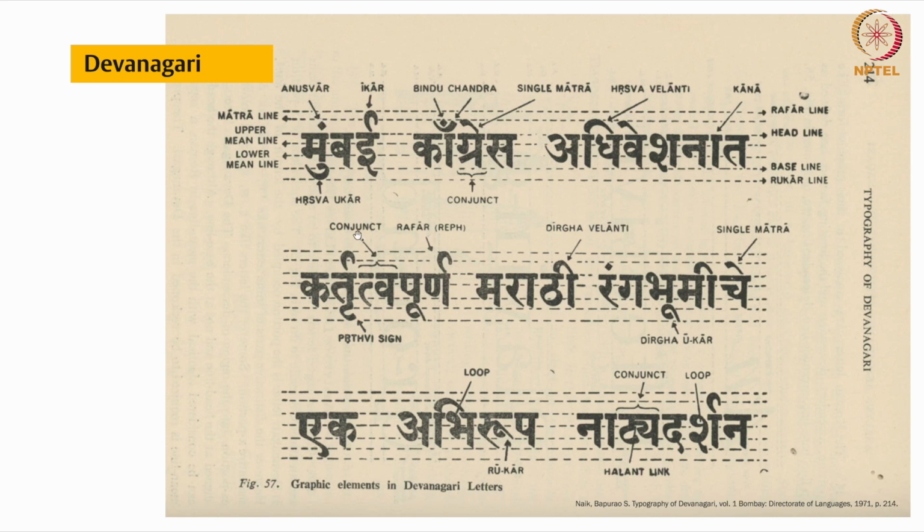You have conjuncts, where two letters connect, which is not there in Latin. And then you have rafar, and you have badi and choti dirghai. Then you have loops, and sometimes open counter, sometimes closed counter. So you will remember this. This is a very interesting study done by Babu Rao Naik.